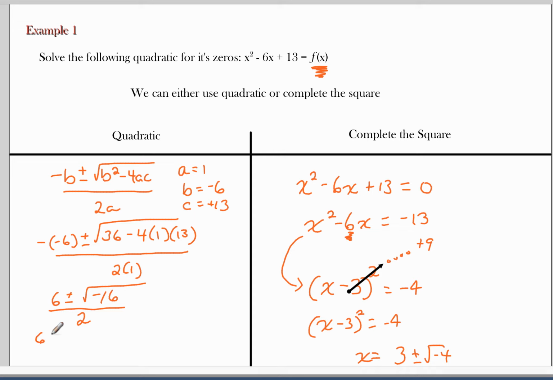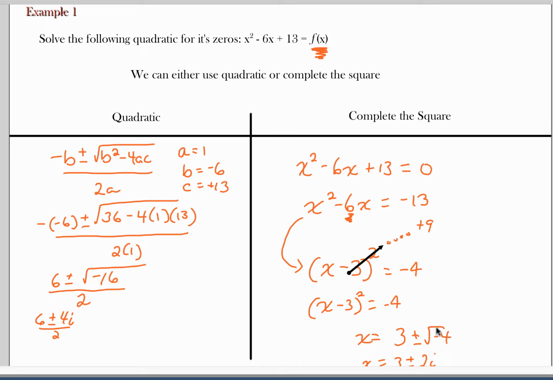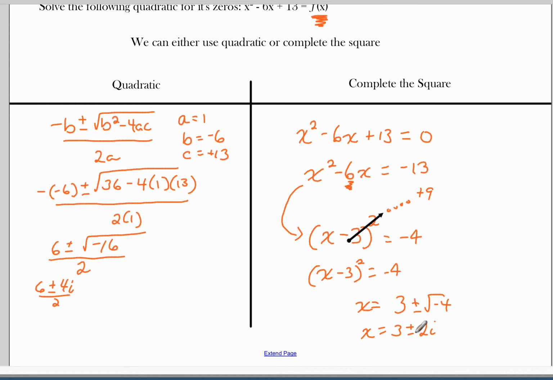This becomes 6 plus or minus the square root of negative 16 is 4i, divided by 2. Now, we know that this is our answer down here. How can that answer show up over here? Well, there's one more step, and that says everybody here is divided by 2, not just the 6. 6 divided by 2 is 3, and 4i divided by 2 is 2i.